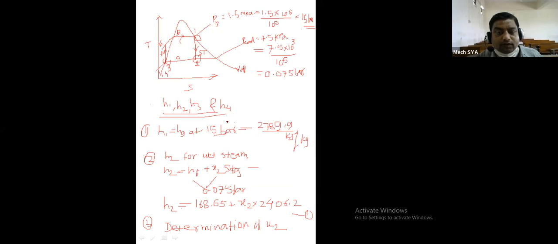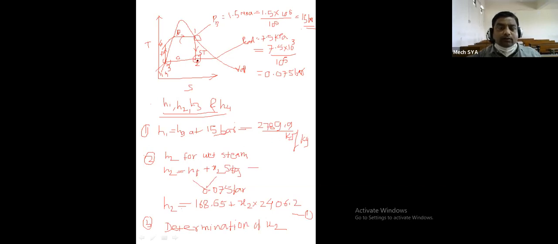At 15 bar, we have to see the Hg value, which is 2789.9 kilojoule per kg. Everybody knows how to read it.